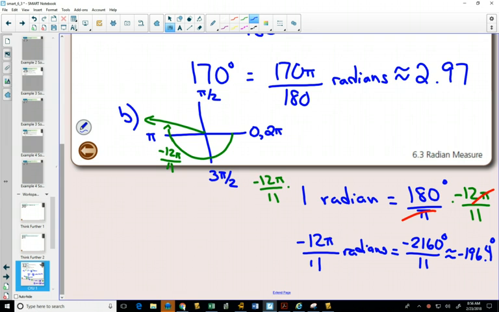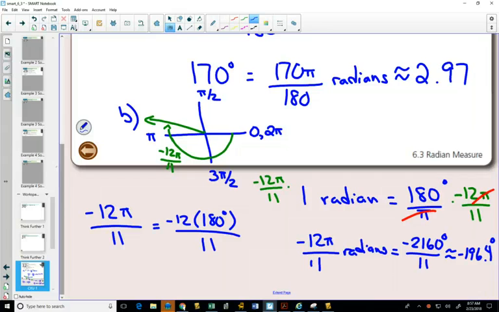So again, once we know what 1 radian or 1 degree is, we can use that to figure out any angle. With changing from radians to degrees, there is a shortcut if your original angle in radians has pi in it. So if you want a shortcut for changing from radians to degrees and your original angle has pi in it, you can just change pi to 180 degrees.